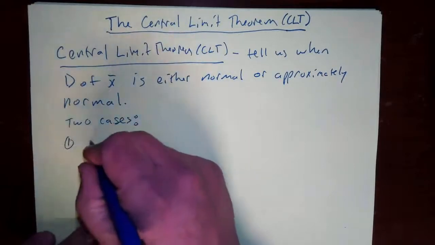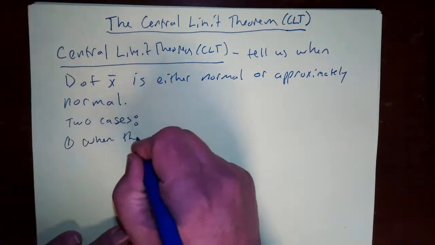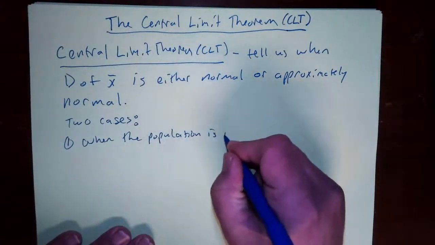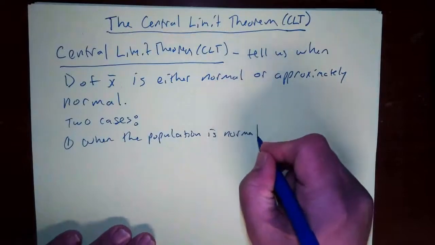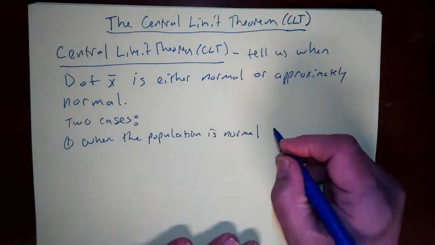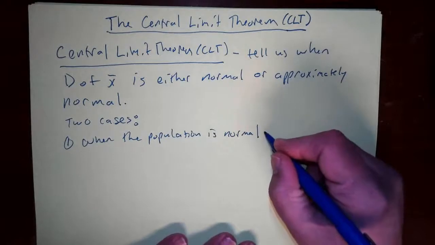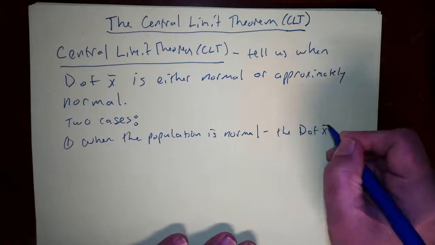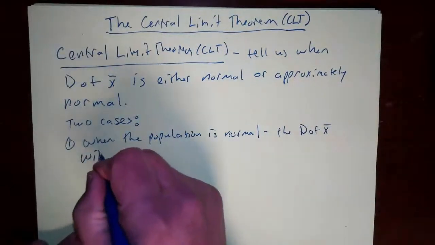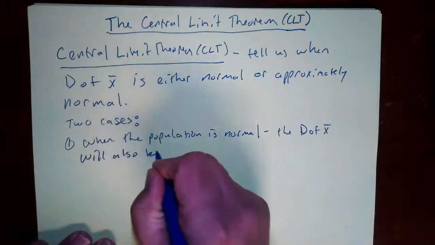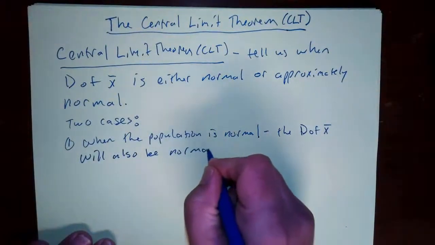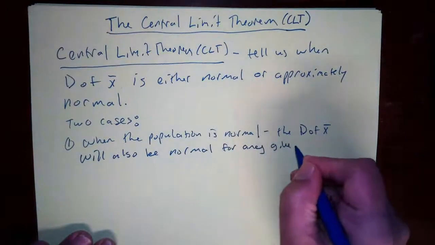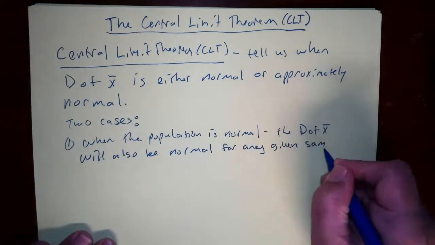Okay, the first case is when the population is normal. When the population is normal, the distribution of x bar will also be normal for any given sample size.